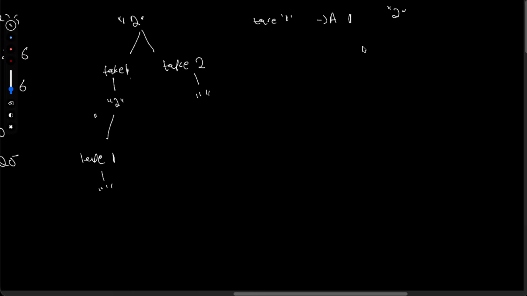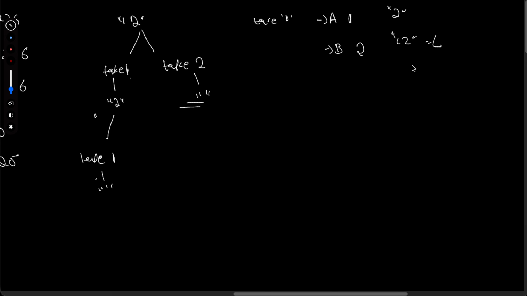From 2 again we take one digit, B. Now the remaining string is empty, so we found A and B, one full valid decoding. The next choice is to take two digits: 1 and 2 together is L.